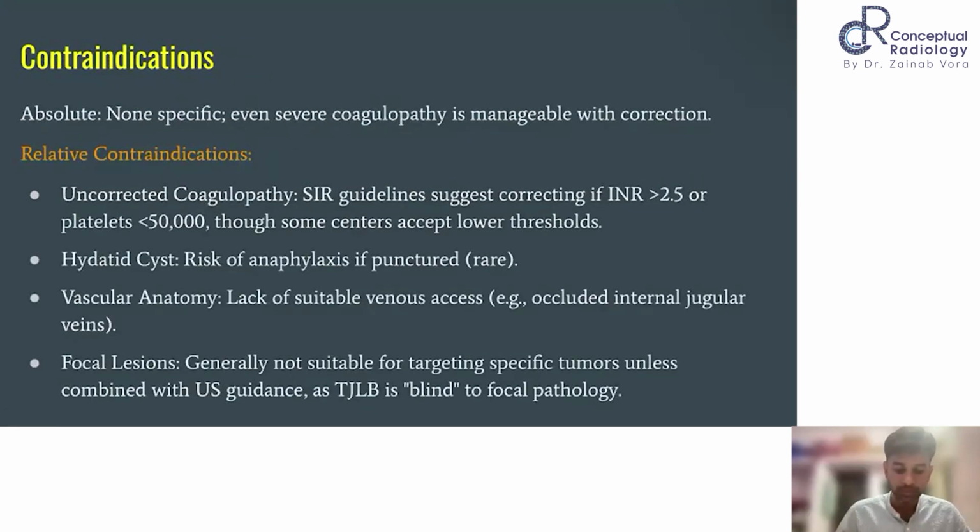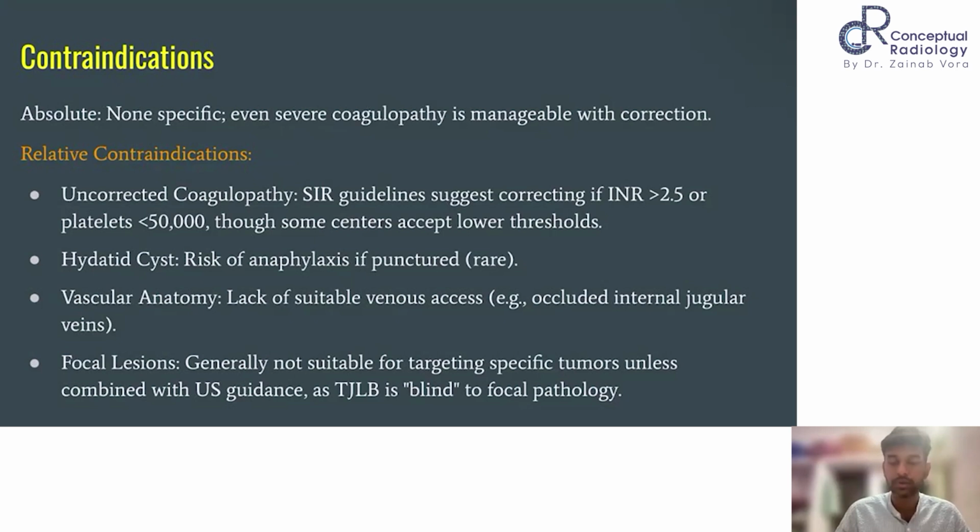Coming to contraindications, although there are no absolute contraindications, there are relative contraindications. The first is very severe coagulopathy and severe thrombocytopenia. What the SIR guidelines suggest is that an INR of more than 2.5 is one of the relative contraindications to performing transjugular liver biopsy.